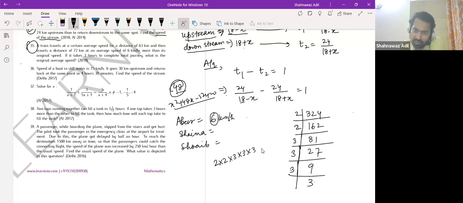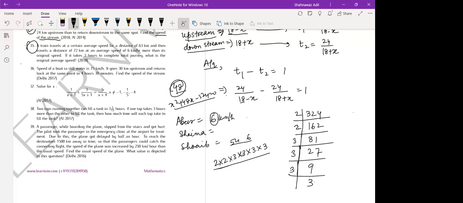We have to get 48. So, is this the correct one?